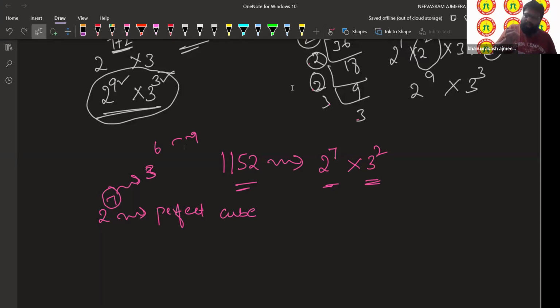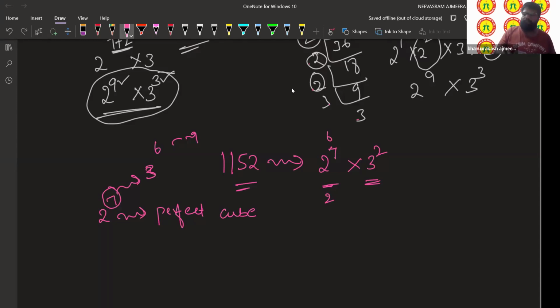If they asked the smallest number by which 1152 should be divided, then you can take it as 2, it should be divided by 2 to become a perfect cube.